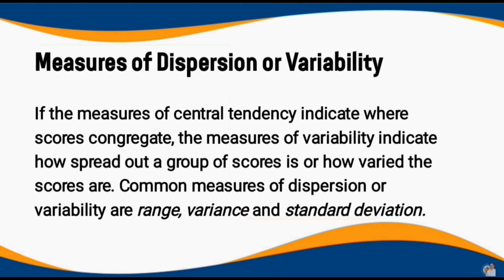In other words, the measure of dispersion helps to interpret the variability of data, to know how homogeneous or heterogeneous the data is. The common measures of dispersion or variability are range, variance, and standard deviation.